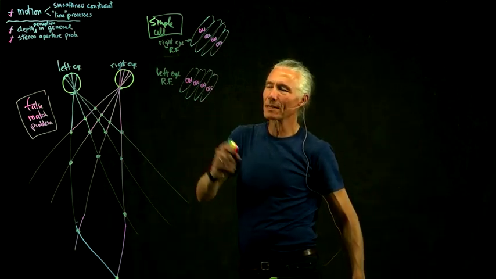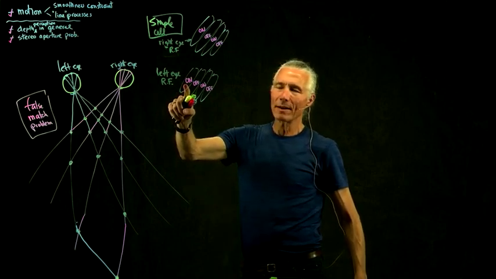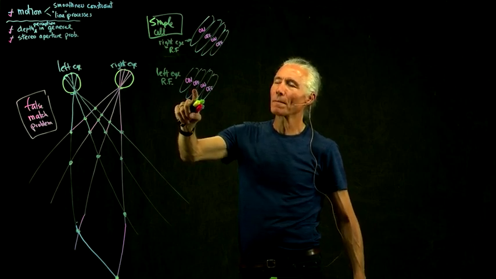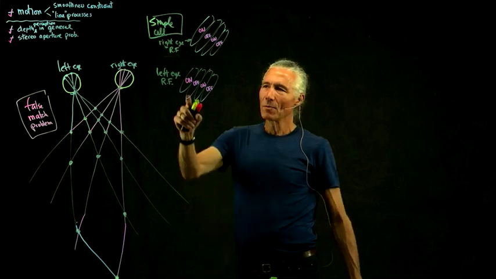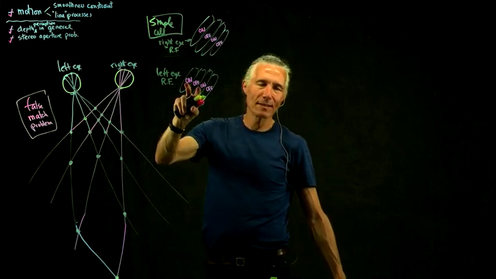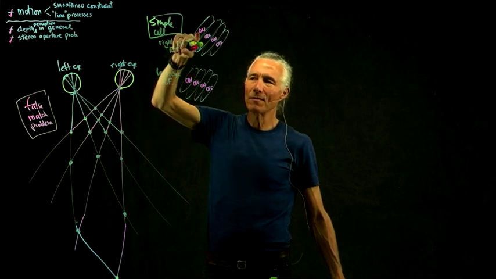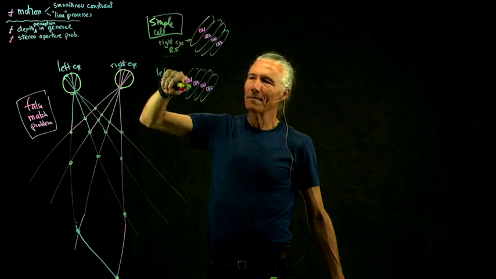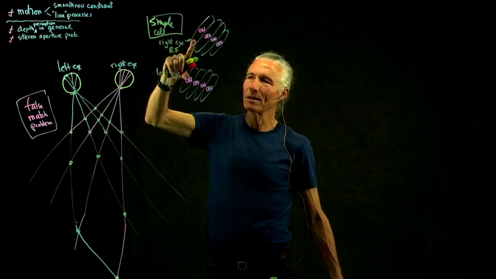The problem is, this is a simple cell. It likes things that get brighter in the on fields, and it likes things that get dimmer in the off fields. Say we put a spot on. There are multiple combinations of things that could activate this cell. If we put a spot in the on field in the right eye and in the first on field in the left eye, that's good.